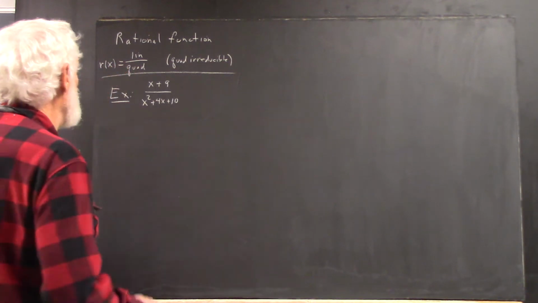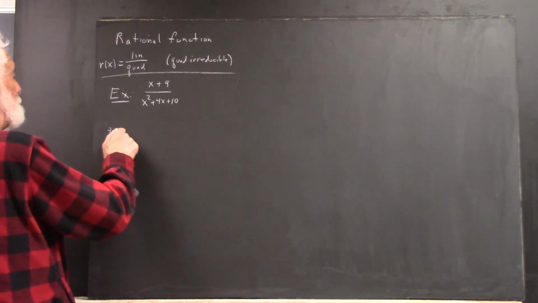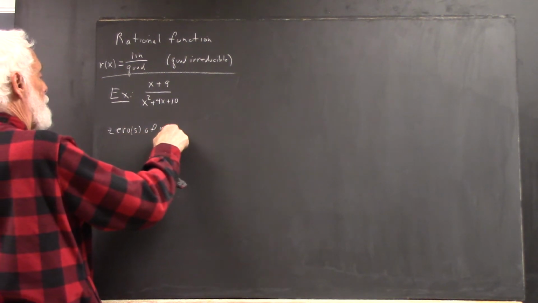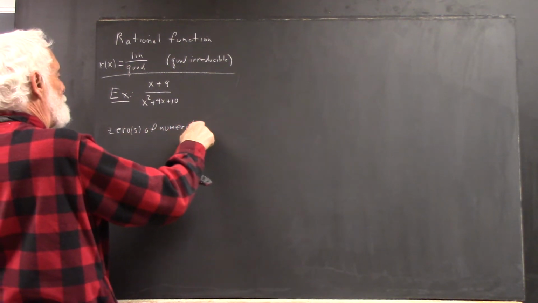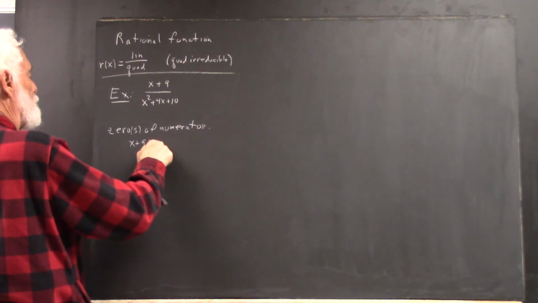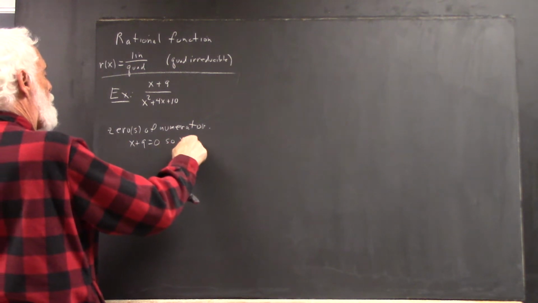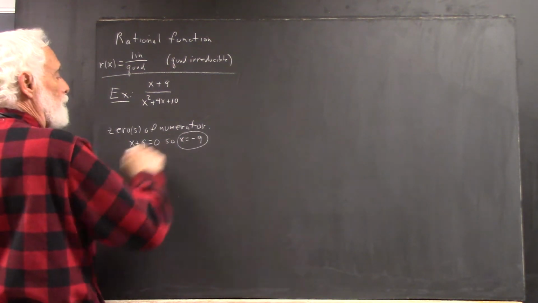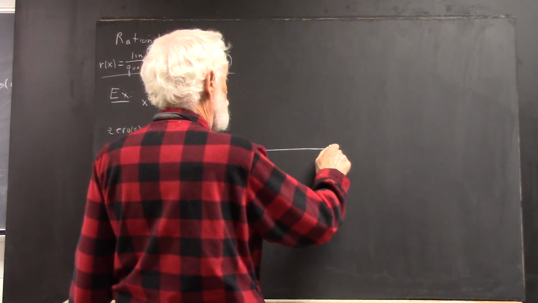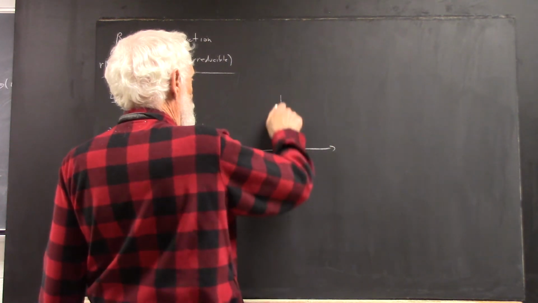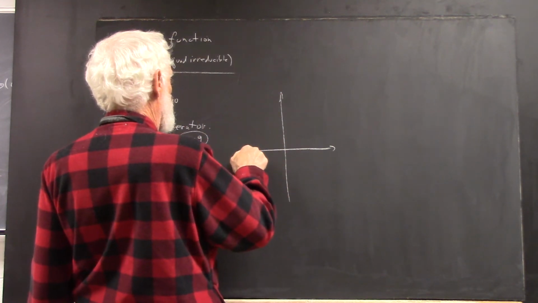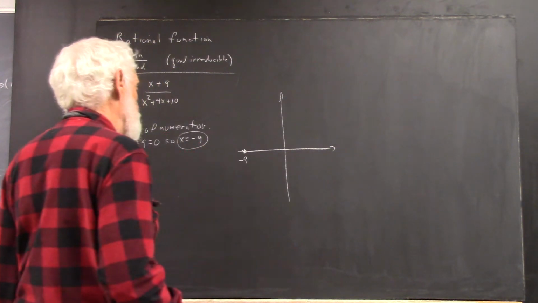Okay, so we start by finding the zeros of the numerator. There's a 0 at x equals -9. Might as well come out here and indicate -9 is the location of a 0.